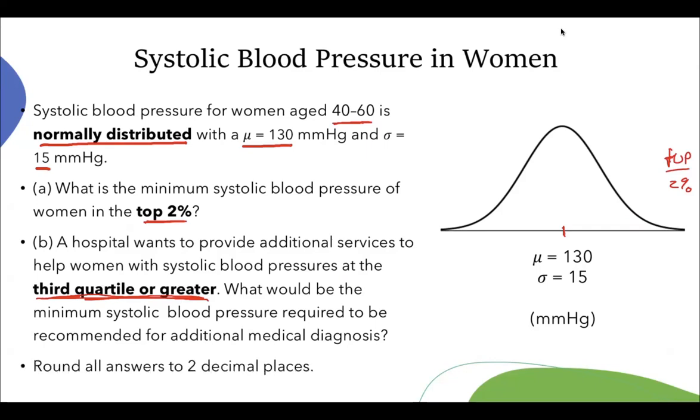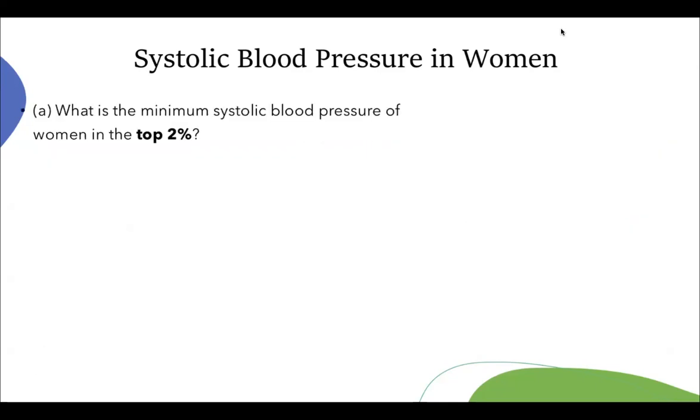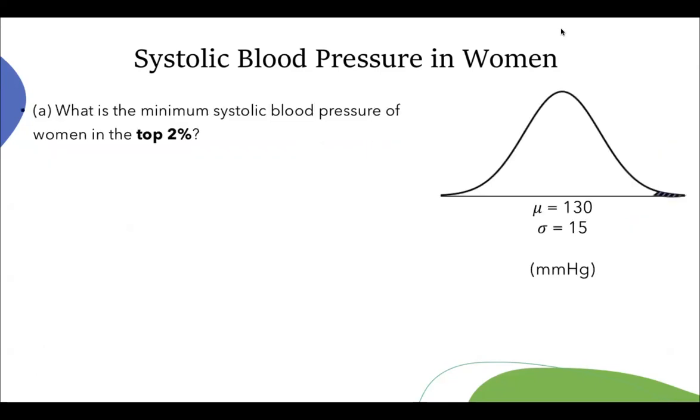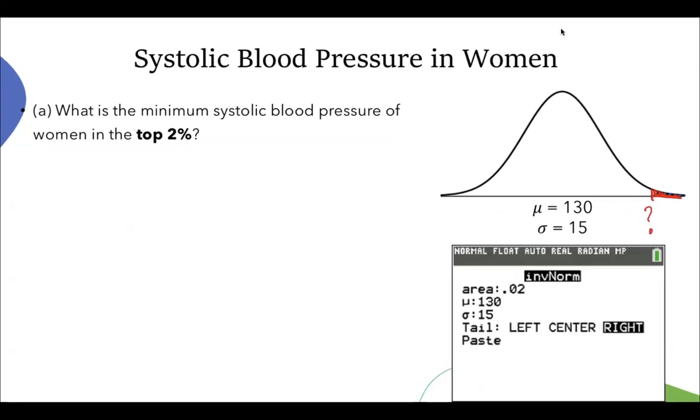Okay, part A, let's work on the top 2% first. So we shade in the top 2% of area. The vertical line is the blood pressure we're looking to find. So area, remember 2%, 2 divided by 100 is 0.02. So I'm going to put in 0.02 for area, mean, and standard deviation.